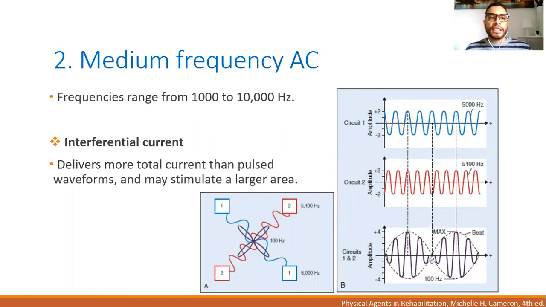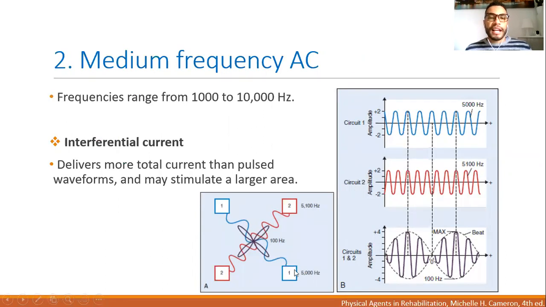The interferential current is a type of current that requires two different circuits. As you see here in picture A, we have the blue circuit, number one, and we also have the red circuit, number two. So two circuits means that we are using 4 electrodes.